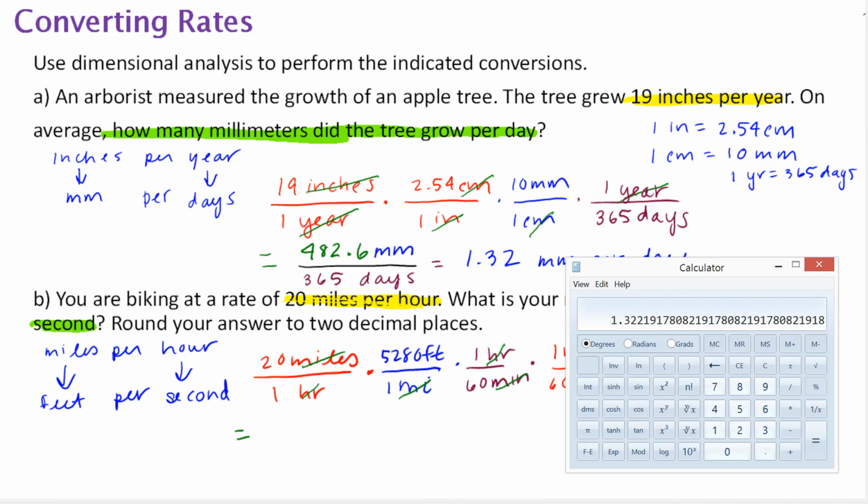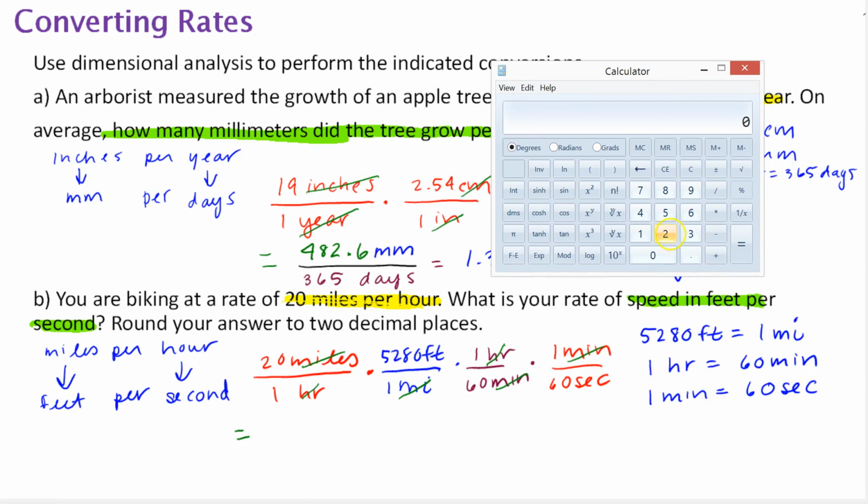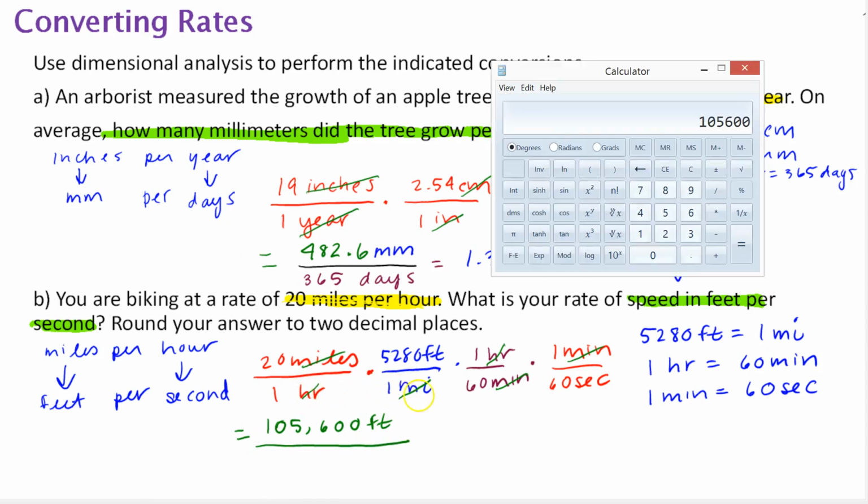Our numerator, we have 20 times 5,280 times 1 times 1, which we don't need to do. So 105,600. And that is feet. Over, now let's look at the denominator. We have 1 times 1 and then 2 factors of 60.